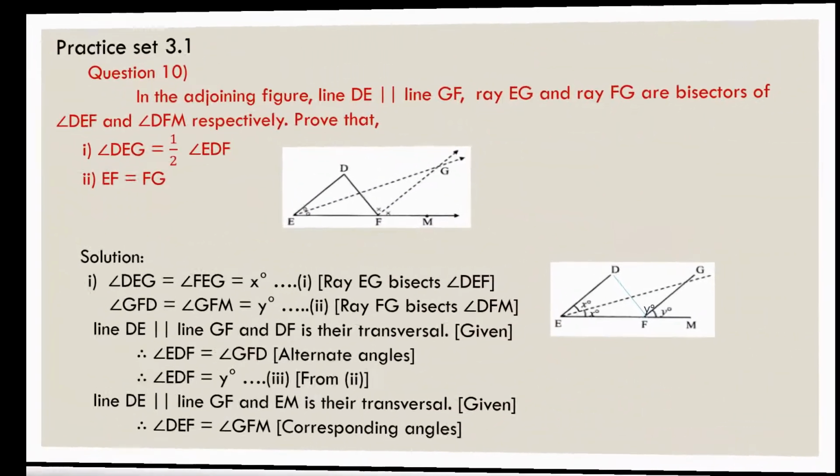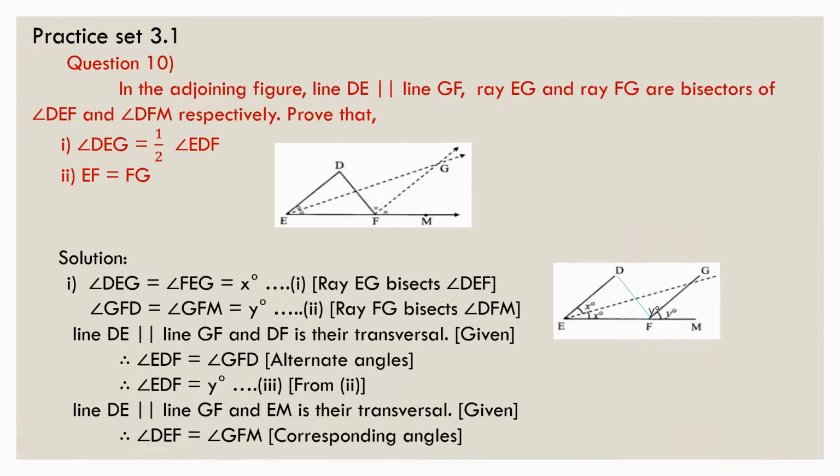Question number 10. In the adjoining figure, line DE is parallel to line GF and ray EG and ray FG are bisectors of angle DEF and angle DFM respectively. Prove that angle DFG is equal to half into angle EDF and EF is equal to FG.